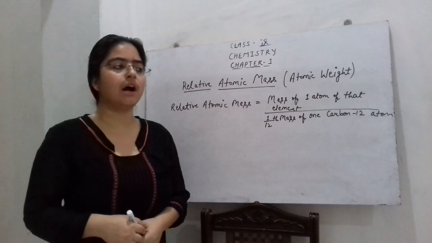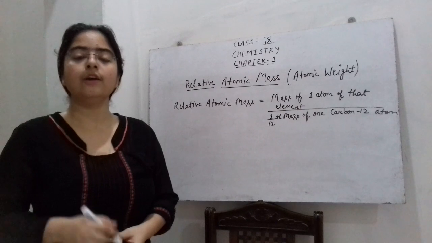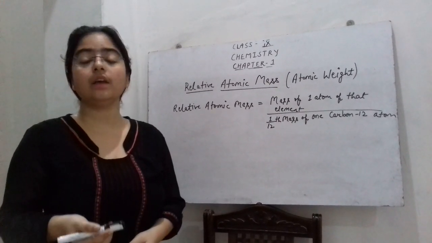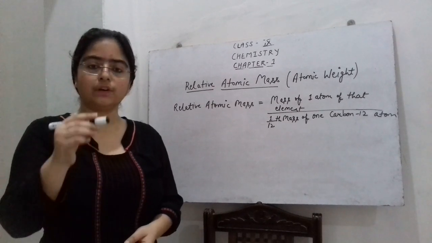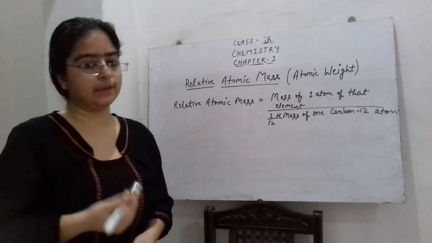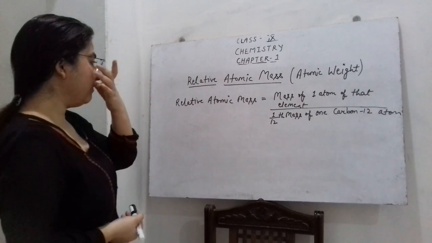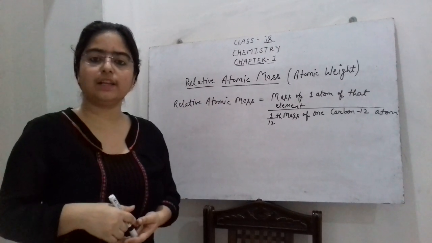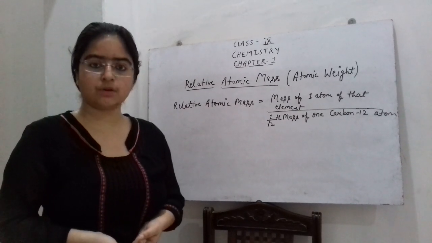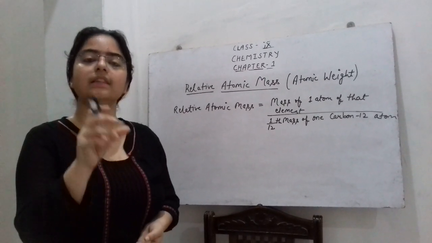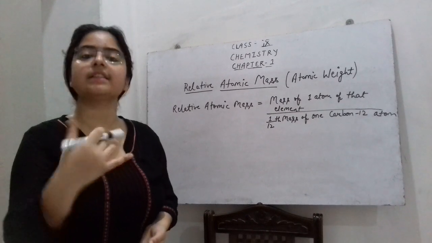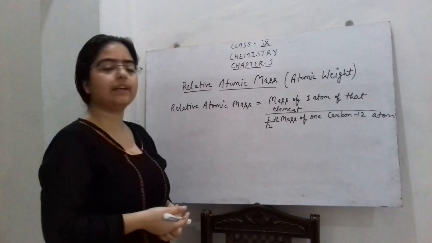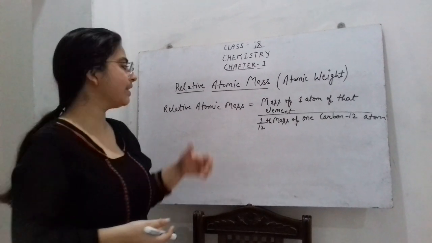So finally we can say that the atomic mass of different elements is the relative atomic mass, because it is calculated by taking the mass of a carbon 12 atom as the standard value. In terms of carbon 12 atom, you will calculate the atomic mass of different elements, so it is the relative atomic mass.